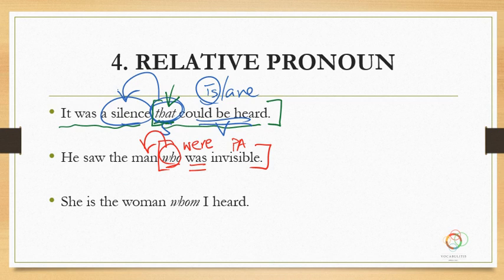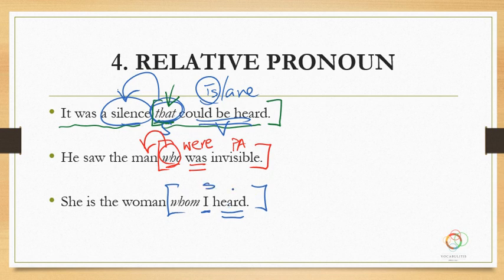Let's look at the next sentence. You have she was the woman whom I heard. All right, so here is the beginning of the dependent clause. And here, the tricky part is, what is the sentence within that subordinate clause? Whom I heard. Well, the verb we know is the heard. Who's doing the hearing? It's not the whom, it's the I doing the hearing.